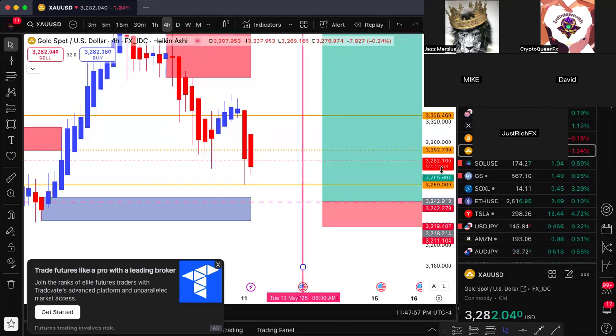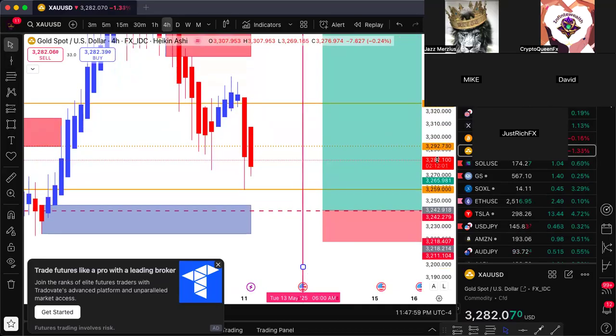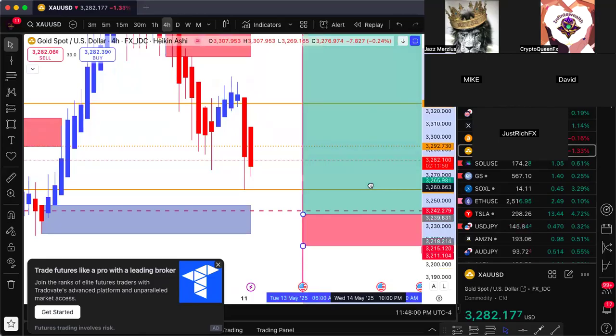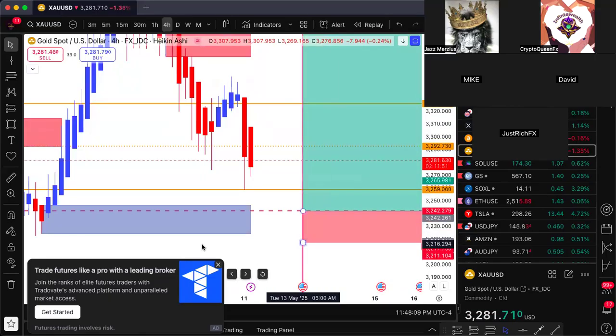You can start anticipating which direction it's gonna move in. But that's what you're looking for. So around 6 o'clock between London and New York, between this time is when you should be looking for your entries for gold.